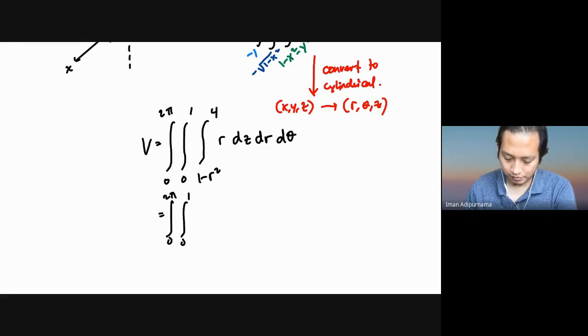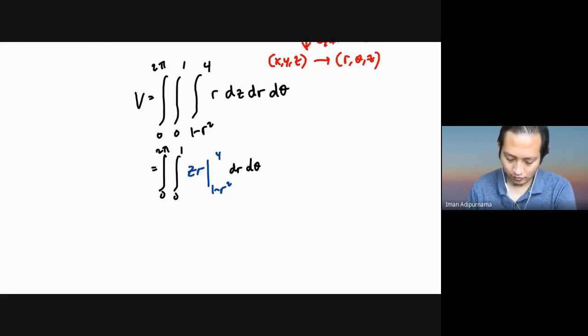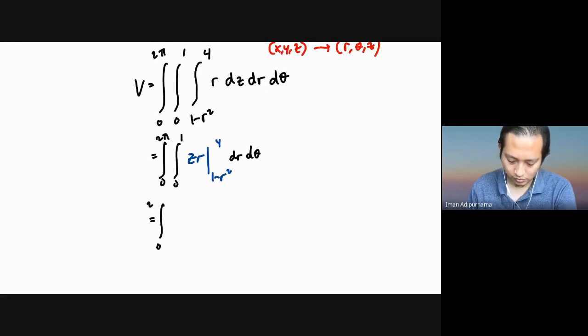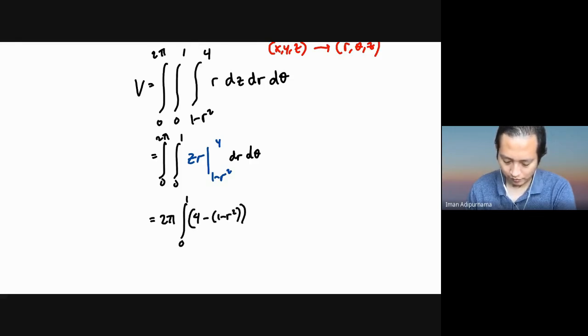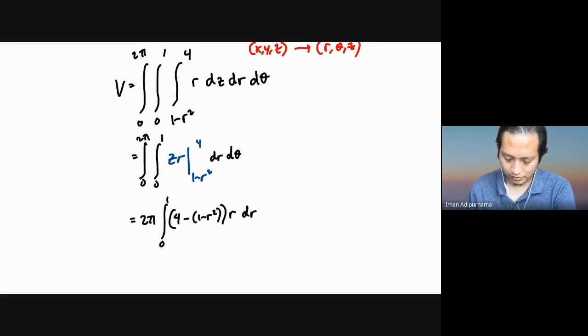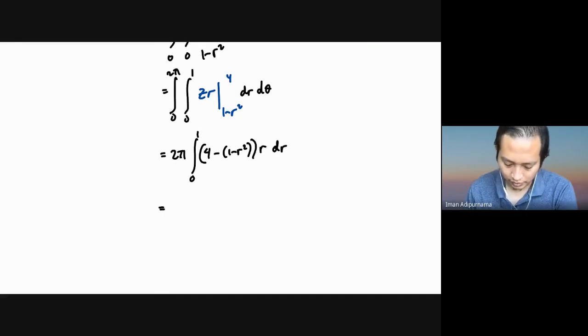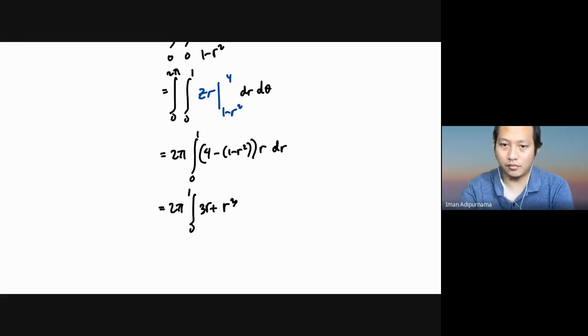So the inside integral becomes z times r. I think we can integrate d theta directly, so 2 pi, and then you have 4 minus, and then r, and then dr. It's 3 plus r squared, and multiplied by r, it's r cubed dr. So I will have 3 over 2 r squared plus r to the fourth over 4.